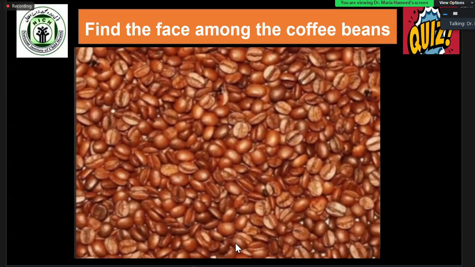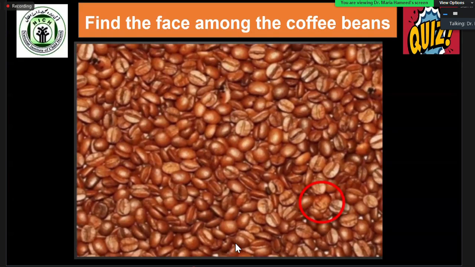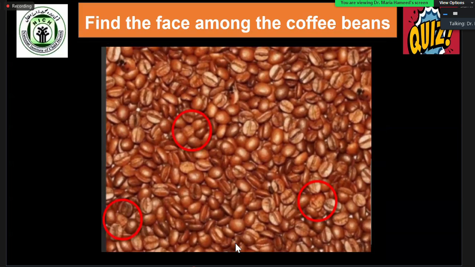And under pediatric radiology, finally, I say there is not always a black and white answer. We can direct the clinician in some way, but not always. So it's just like that. If I say find the face among the coffee beans, maybe some of you pick up one face, and if I show you the same image after a few months and say revisit this, then maybe a few of them say there are two more faces.